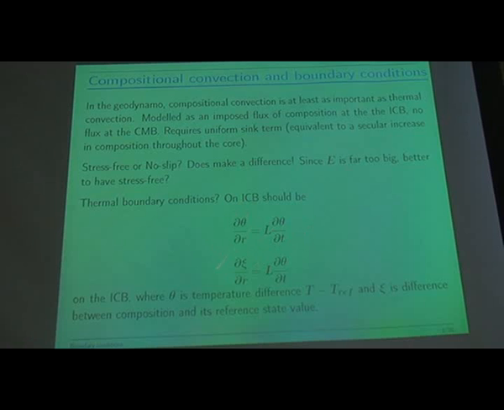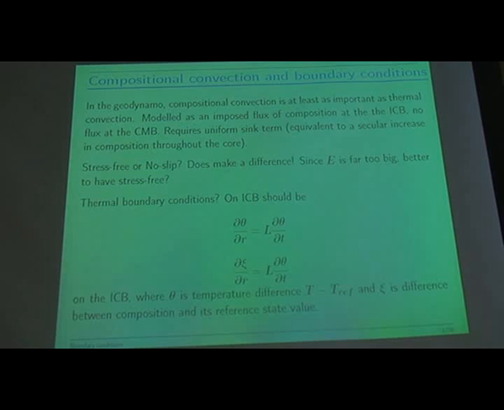So the flux would not be constant there. It would actually be affected by this parameter L, and I write this in dimensionless terms. And when you actually work it out, you find that L is some number of order 1. So that's really what the thermal boundary conditions, in a sense, ought to be from the physics.